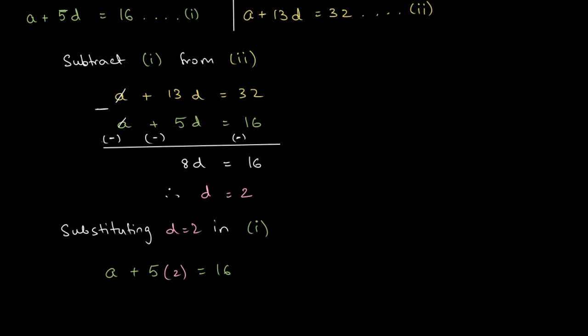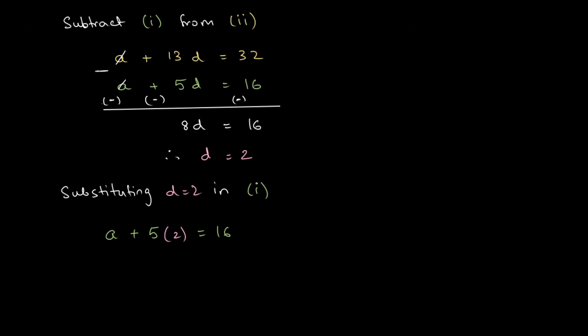Let's solve this equation and get the value of A. So this gives me A plus 10 is equal to 16. Take the plus 10 to this side, becomes minus 10. Therefore, I can conclude that A is equal to 16 minus 10, which is 6. So I have the value of A, I have the value of D.